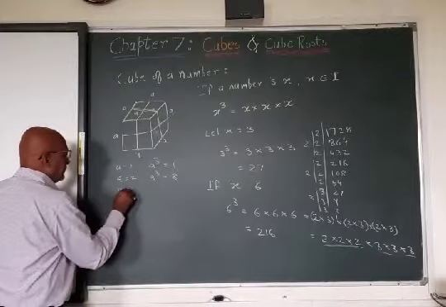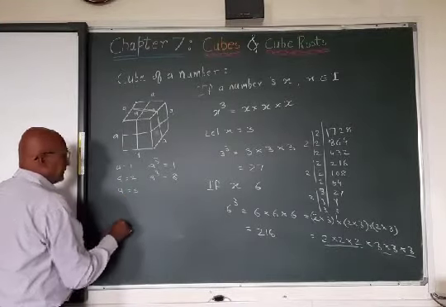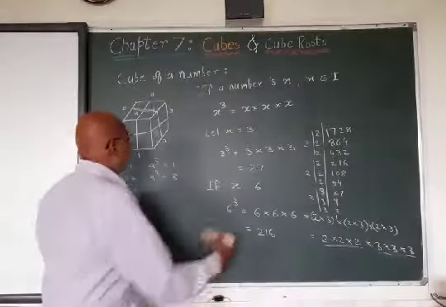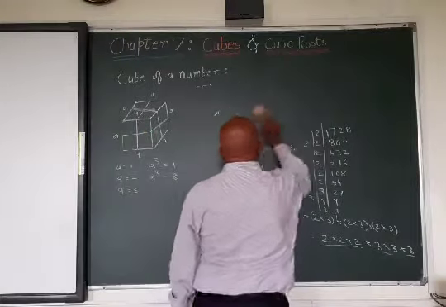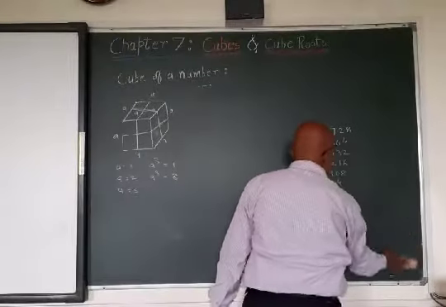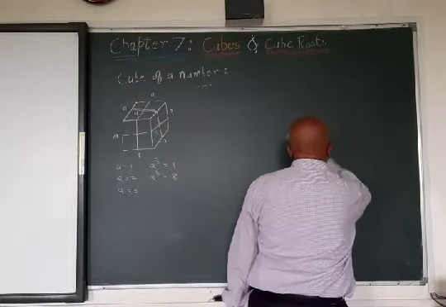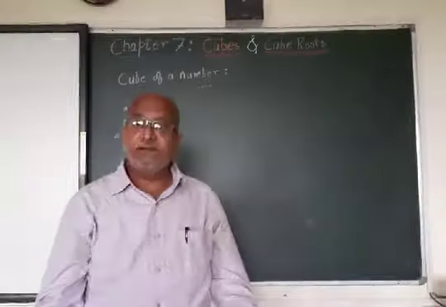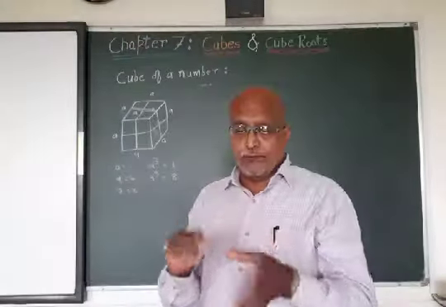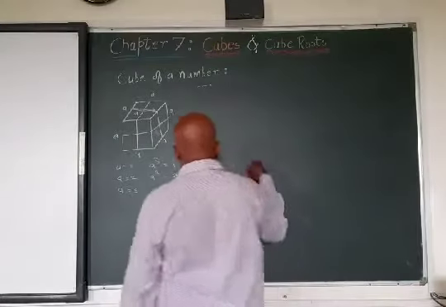Then if A equals 3, what figure do you get? Let's draw the figure. It is like the magic cube you play with. You know the magic cube? 6 faces are there, 6 colors are there. You can rotate it. That magic cube is there.